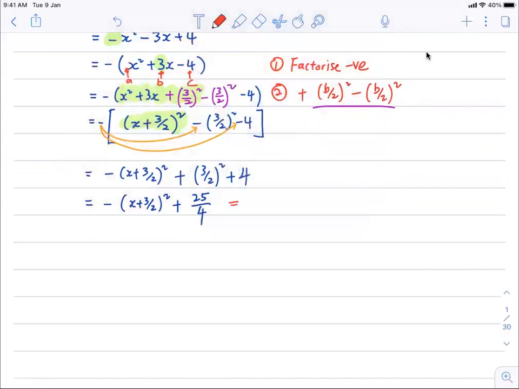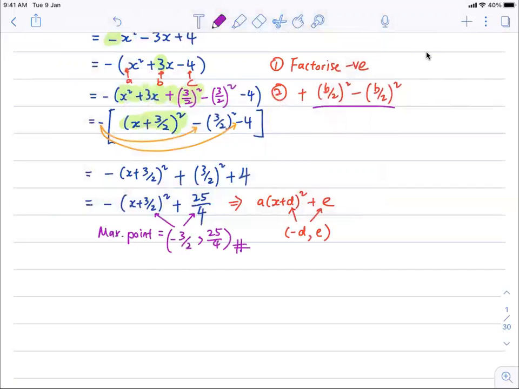So this is actually in the form of a(x + d)² + e. And remember, the maximum point or the minimum point is (negative d, e). This is why for this question, the maximum point is equal to (-3/2, 25/4).